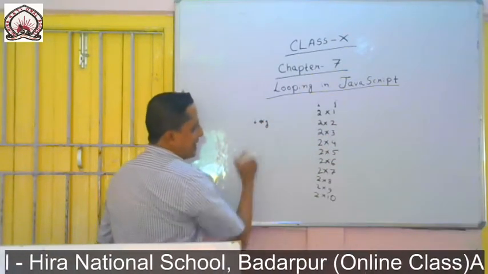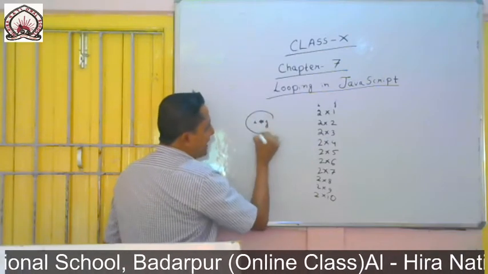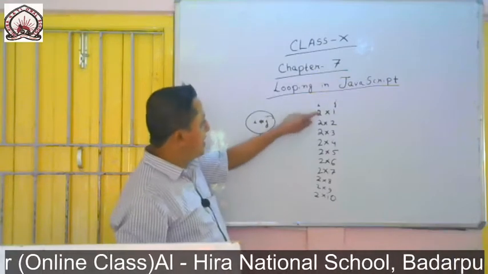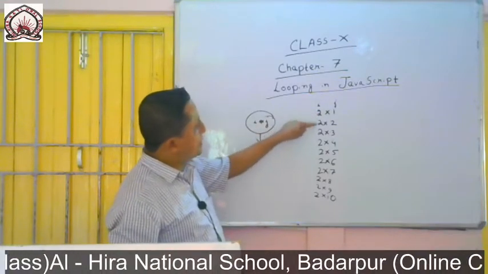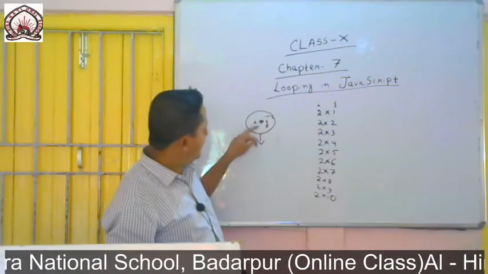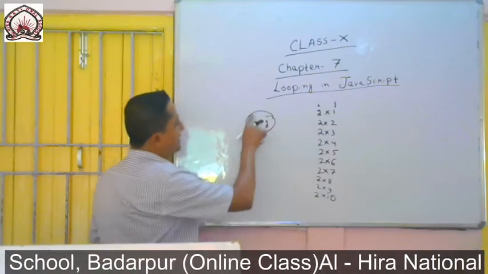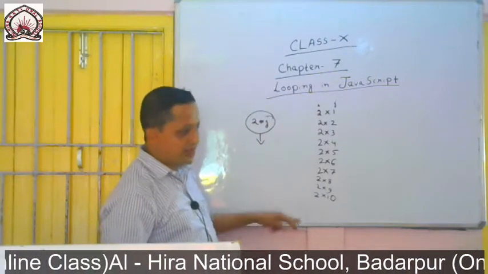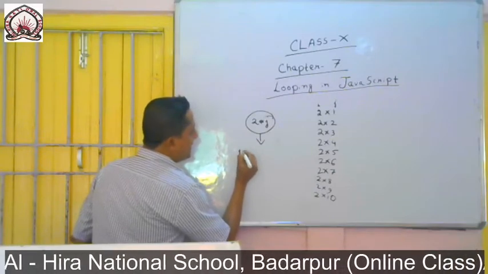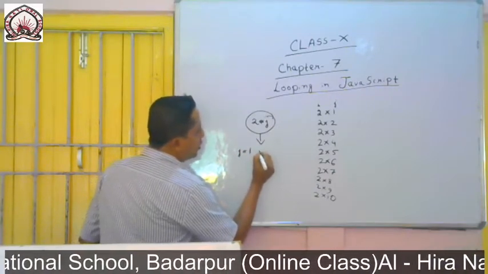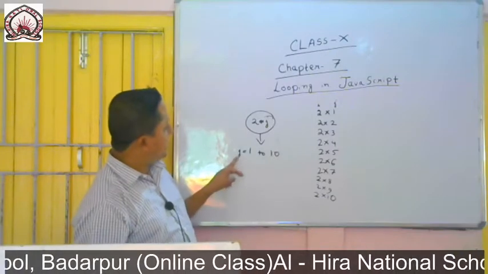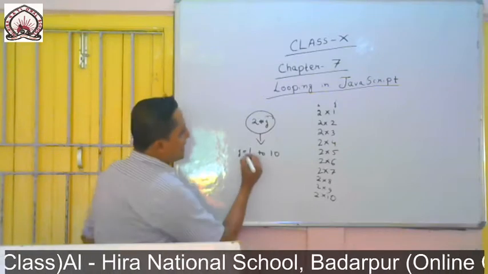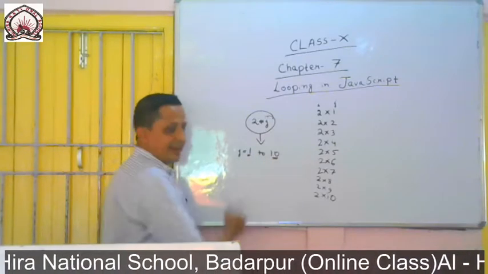So that means I am repeatedly executing this particular statement, 2 into j, and my condition is what? j is equal to 1 to 10. So what is j doing? The starting value is 1 and it will stop at 10.